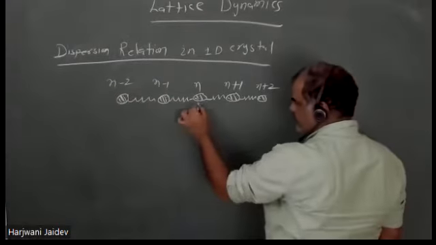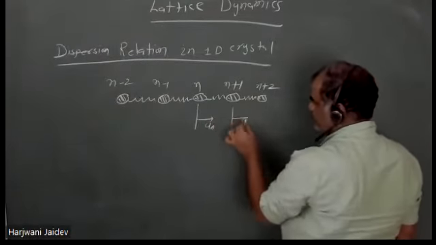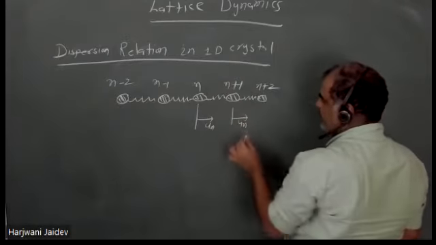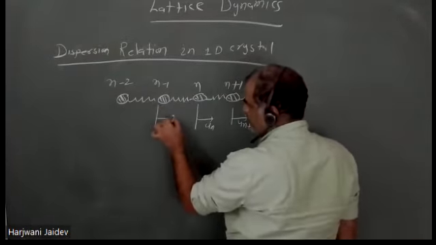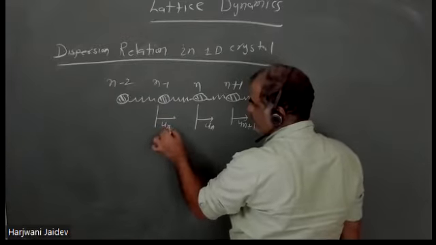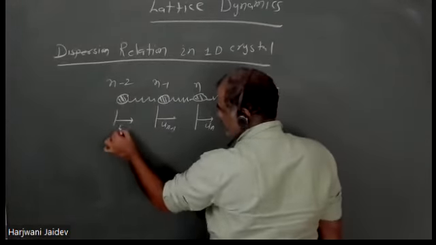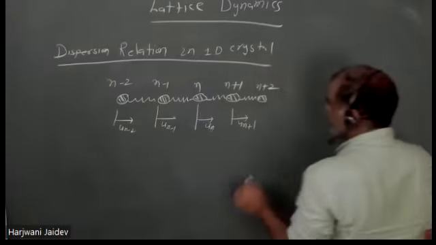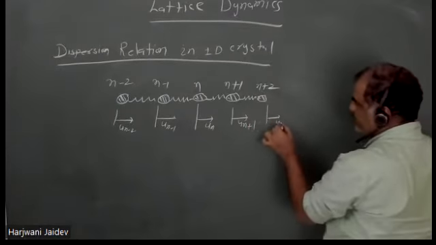Yesterday we saw that when we have displacement un, the displacement of the n plus 1 atom is un plus 1. Similarly, the displacement of the n-1 atom is un minus 1, of the n-2 atom is un-2, and of the n plus 2 atom is un plus 2.